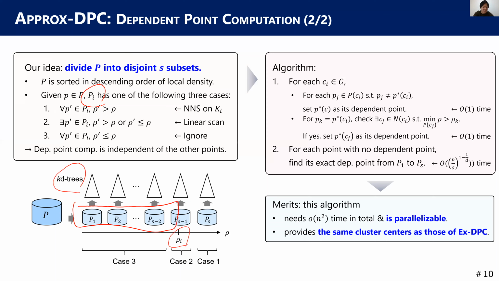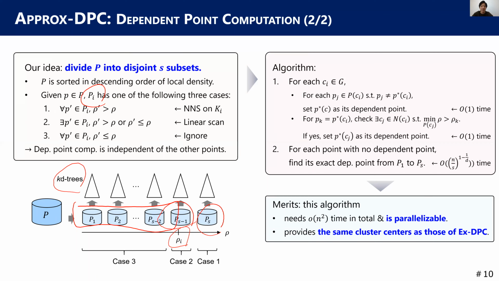For this subset, we compute the nearest neighbor with higher local density than rho i by linear scan, because this subset falls into case 2. For this other subset, all points have higher local density than rho i, so we compute its nearest neighbor by its KD tree. By merging the results of case 1 and case 2, we can obtain its dependent point exactly.